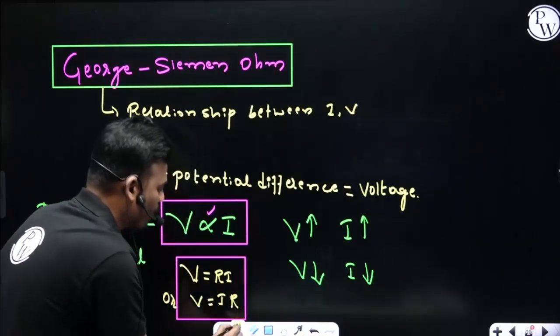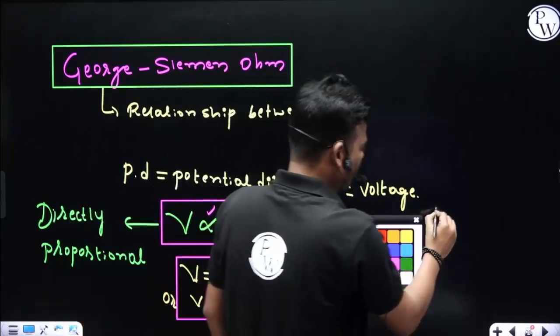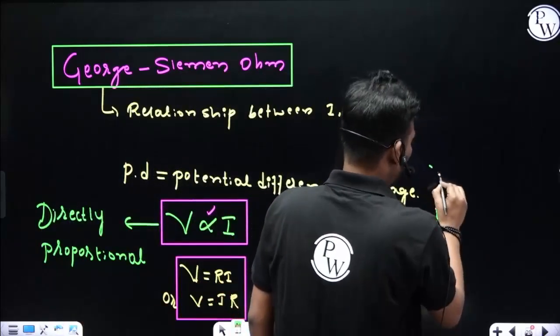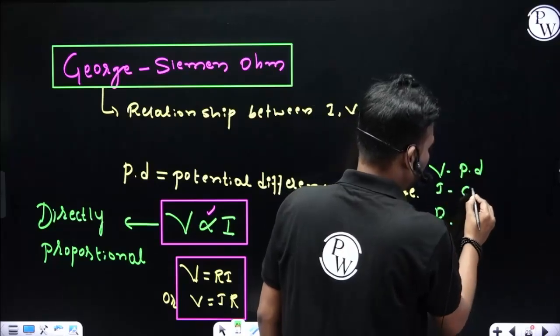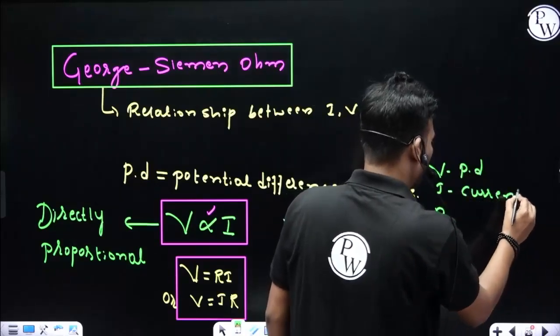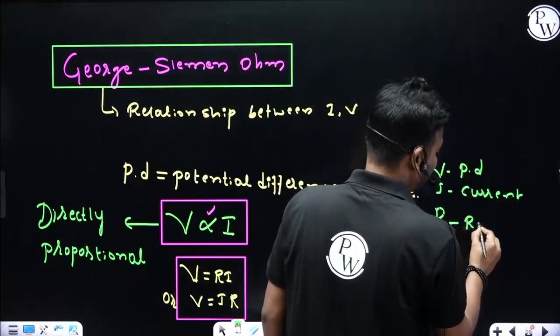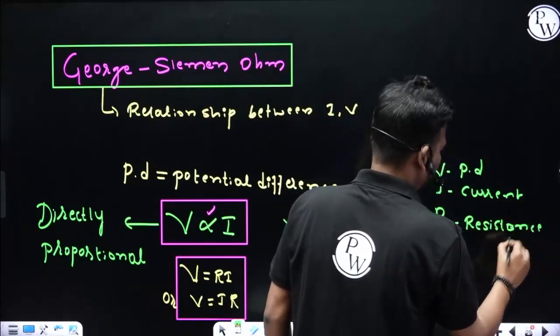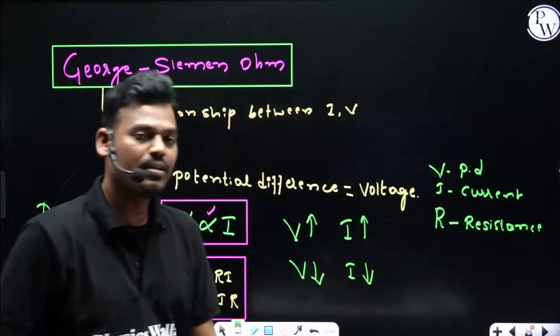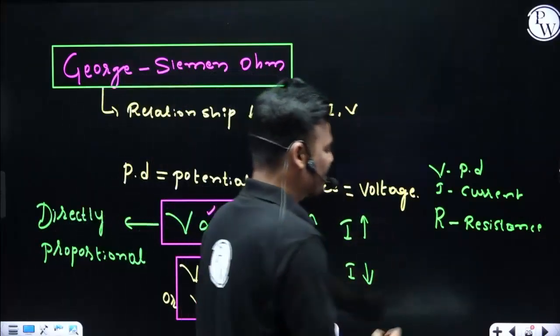You will be having a question: sir, what is this R? We know that V means potential difference and I means current. And R is the resistance. What is resistance? Resistance is the property of a body.